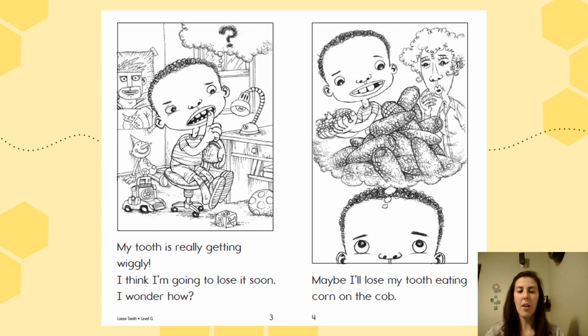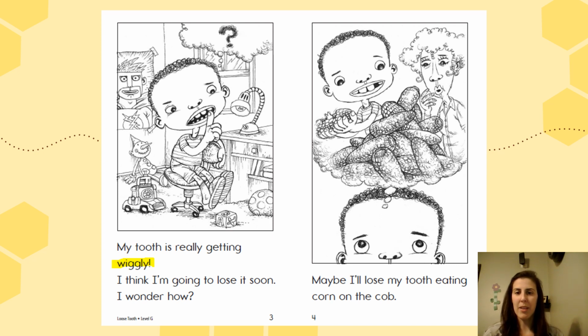There you go. If you said right here, you would be right. Do you guys see that word family in there? Egg, wiggly. It has an ending that we really haven't talked about, the ly ending. So I thought that would be a little tricky for you. So his tooth was getting very wiggly. So he starts to imagine all of these different things that could happen to his tooth.